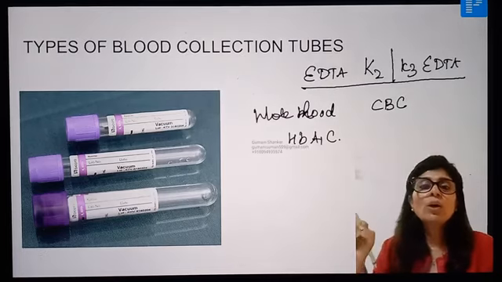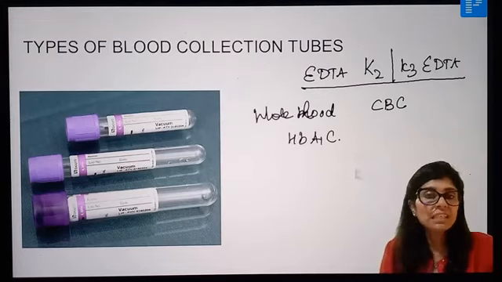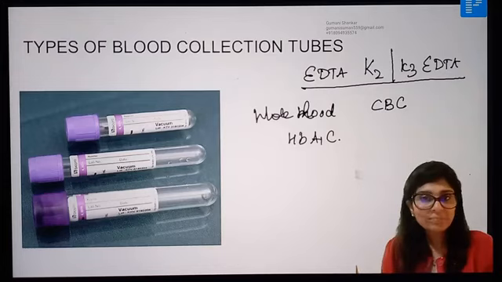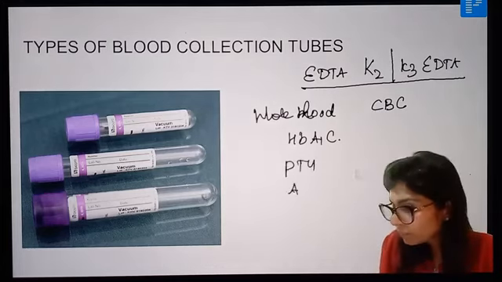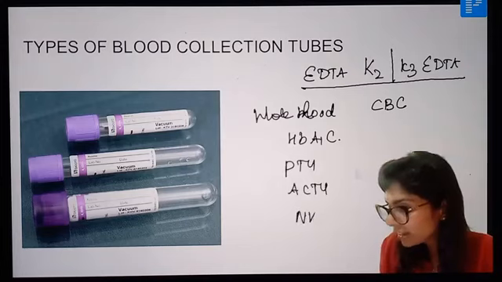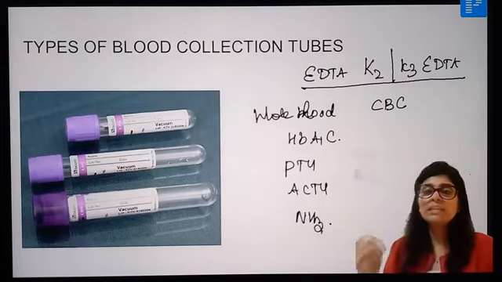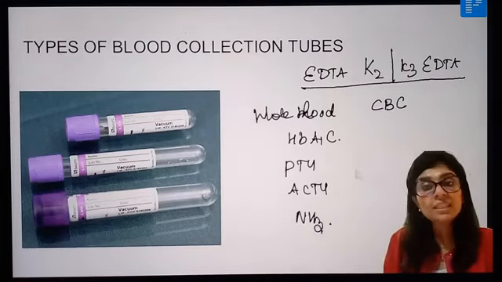So whenever you need a whole blood sample, for example, complete blood count, HbA1c estimation, or whenever labile parameters are necessary. Labile parameters include parathormone, ACTH, and ammonia. All these are labile parameters which get degraded in the presence of proteases.